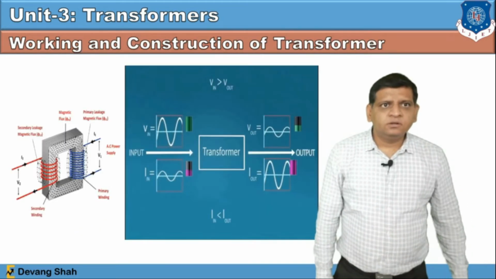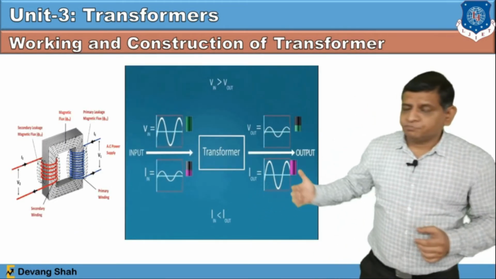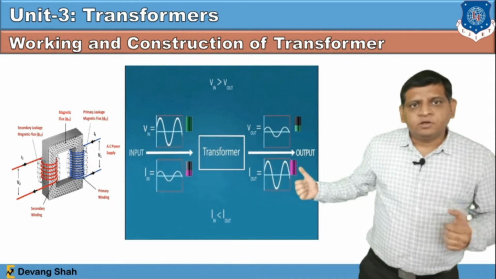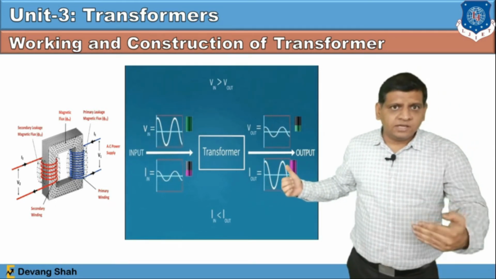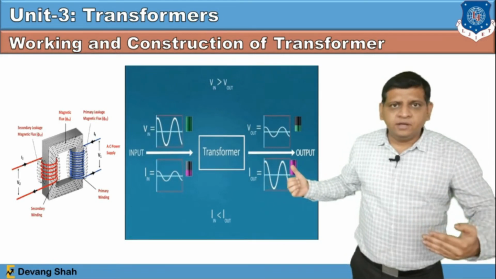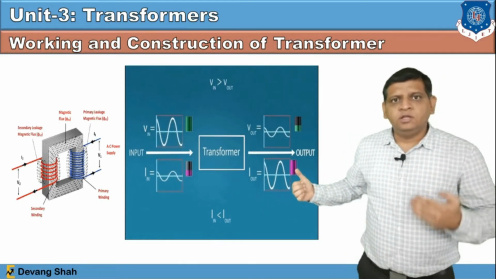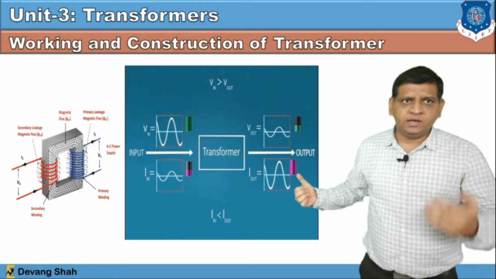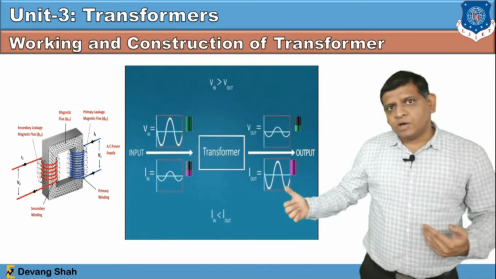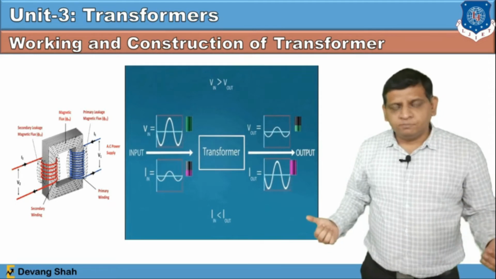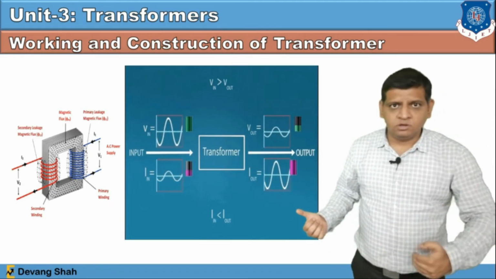Let's see this. In this particular video you can see there is a primary winding and a secondary winding. Where you apply the current, there is an induction of magnetic flux, and that follows Faraday's law of electromagnetic induction. You apply the input AC signal, and at the output you will have either a step up voltage or a step down voltage.